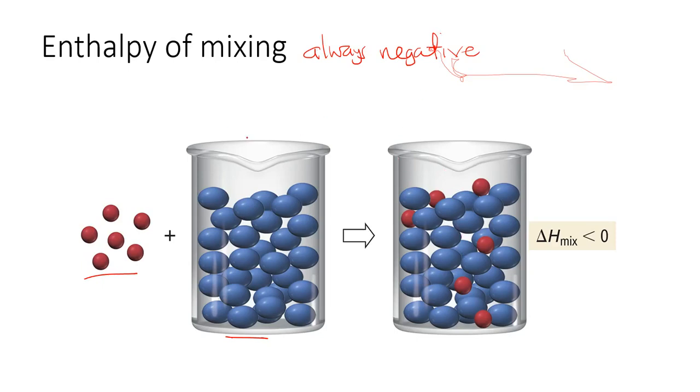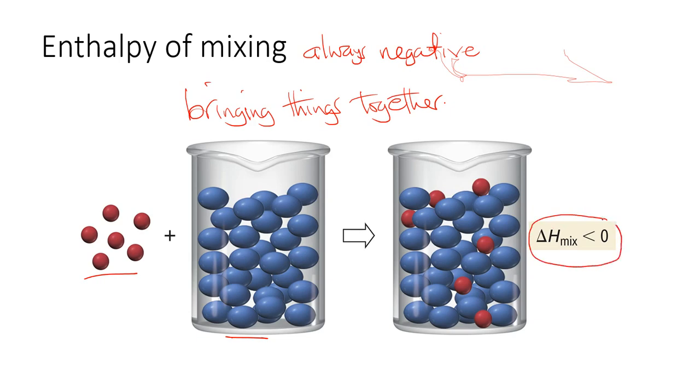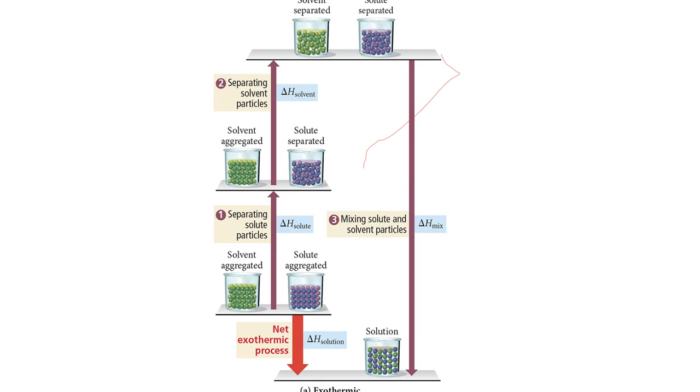Why is it negative? Because you are bringing things together. So the enthalpy for this process is negative. As you can see here, the enthalpy of mixing is less than 0. So for a solution to form, you need all these three enthalpies to come together.